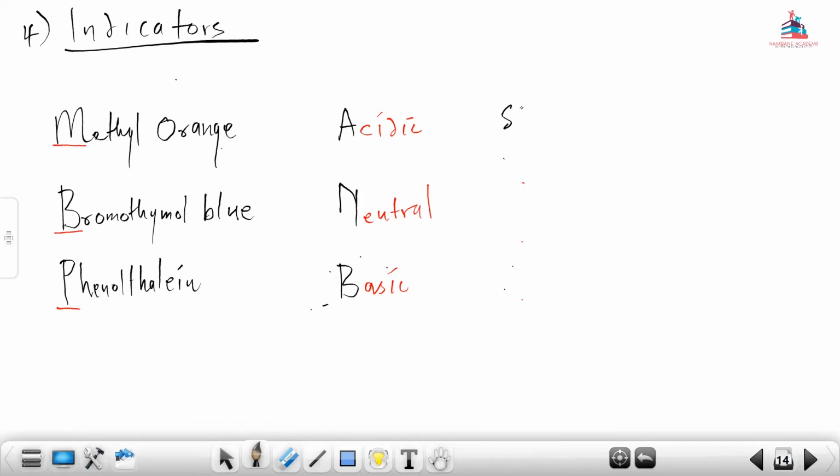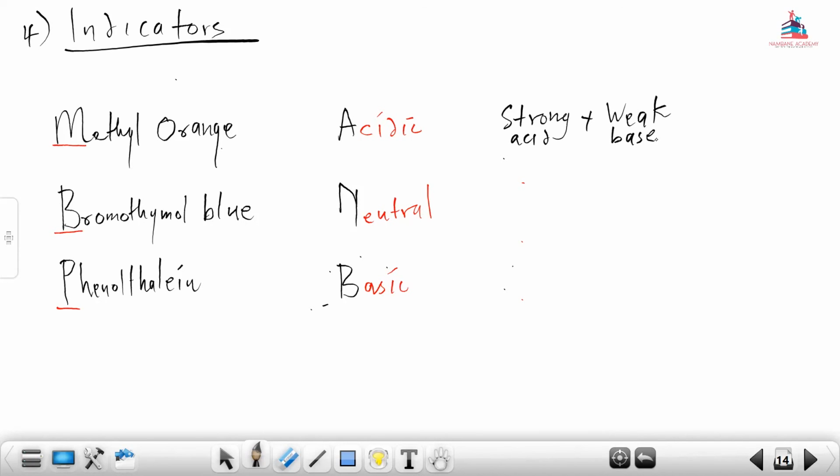It's strong acid must react now with a weak base. Remember, we said we must have now an acid and a base.